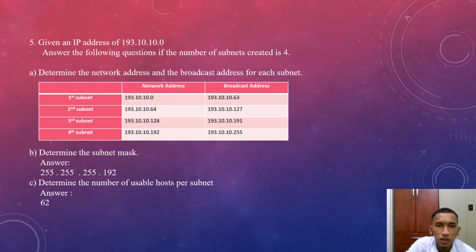For the first subnet, the network address is 193.10.10.0 and the broadcast address is 193.10.10.63. The second subnet's network address is 193.10.10.64 and the broadcast address is 193.10.10.127.